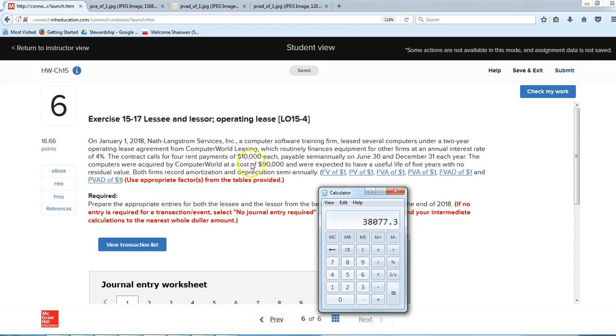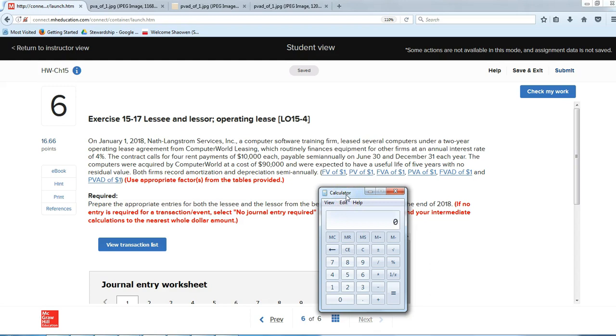So these $10,000 of payments are worth $38,077 for lessee. Is it high enough to treat this contract as sales? $38,077 divided by the fair value of these computers is only 42%. So we will treat this lease contract as operating lease.